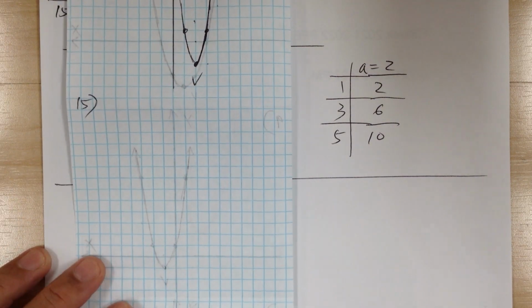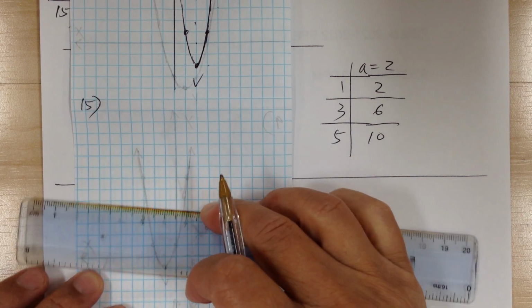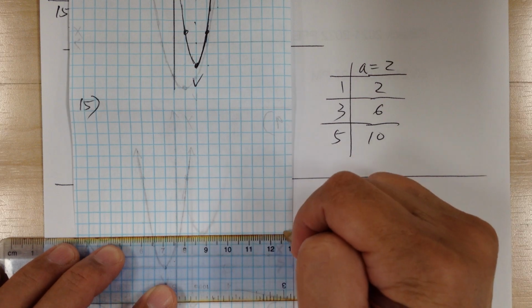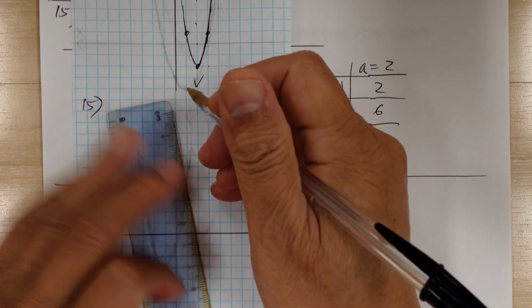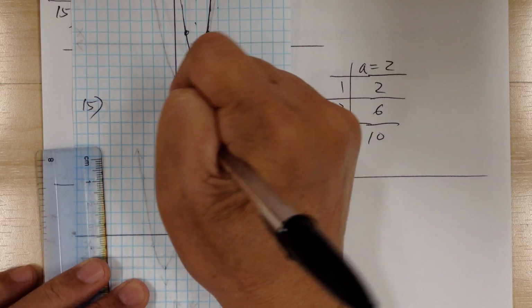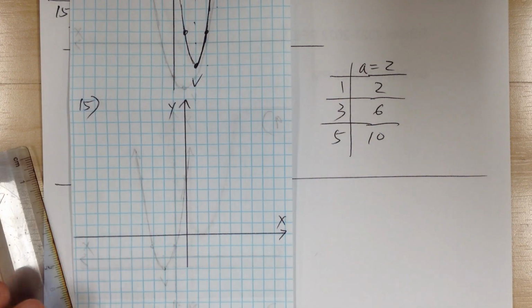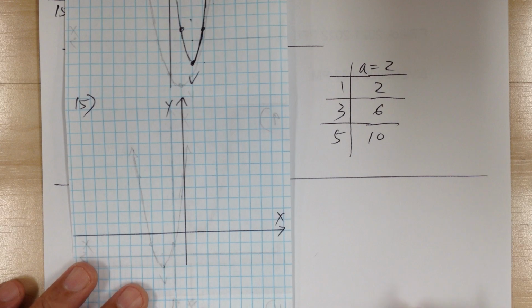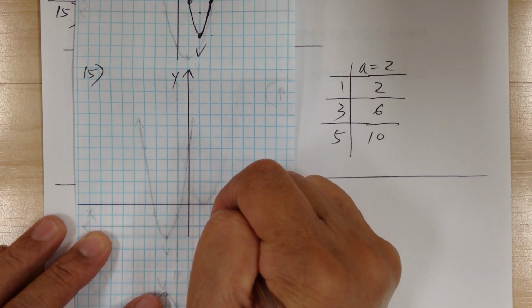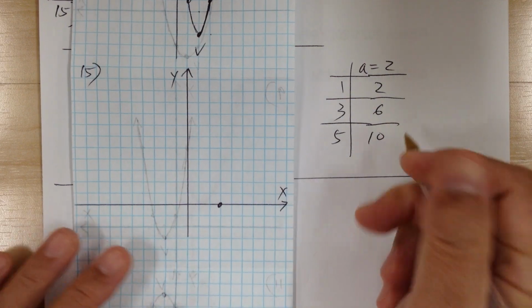Okay, number 15. So the vertex is 3, 0. So the point 3, 0 is right over here. Now you use your increment.